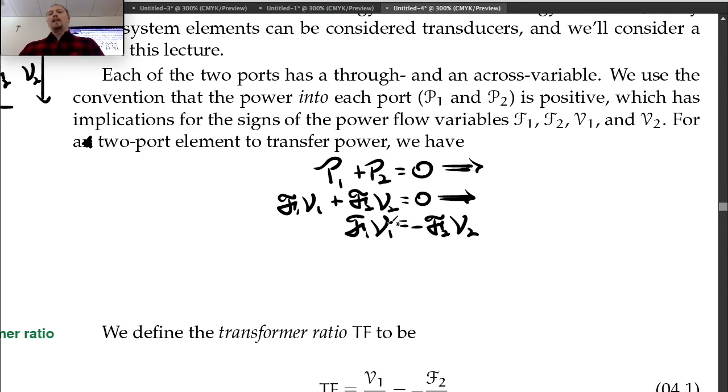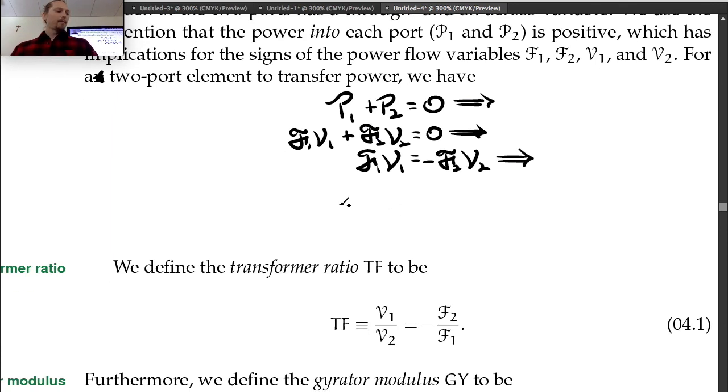Now this implies two different expressions, and I'll tell you why we do it these two different ways in a moment. We could get V1 over V2 on one side of the equation, dividing through by V2 and by F1, and you get that V1 over V2 equals negative F2 over F1.